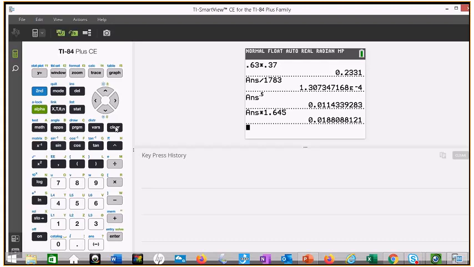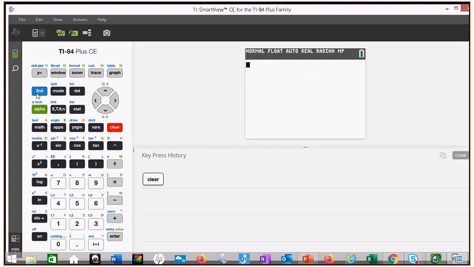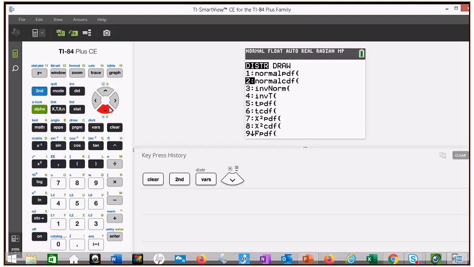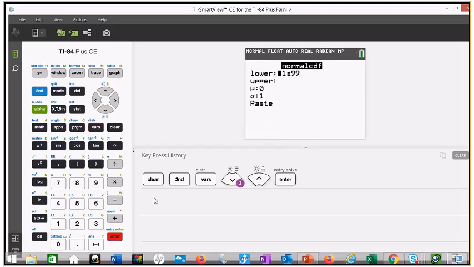So I'm going to hit normal, second bars, normal CDF. Now, if I have a new calculator, this is what you would punch in: 0.32 and 9999.